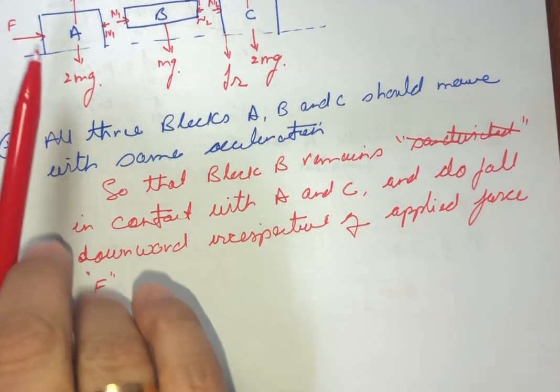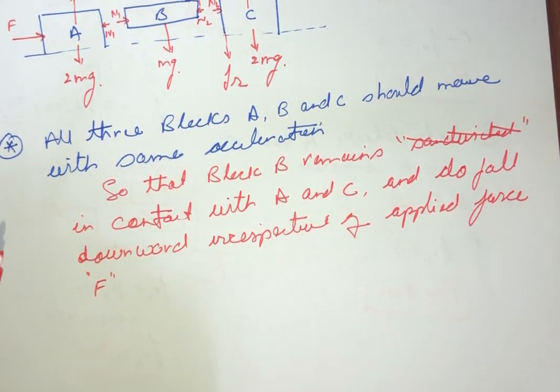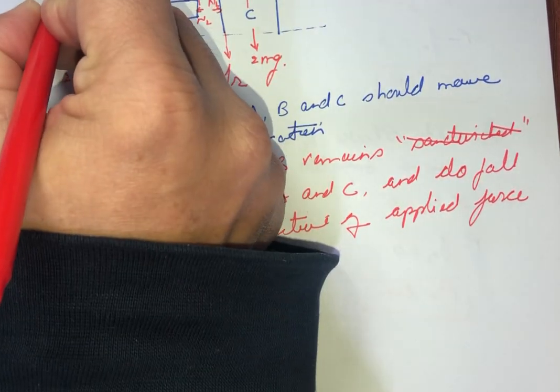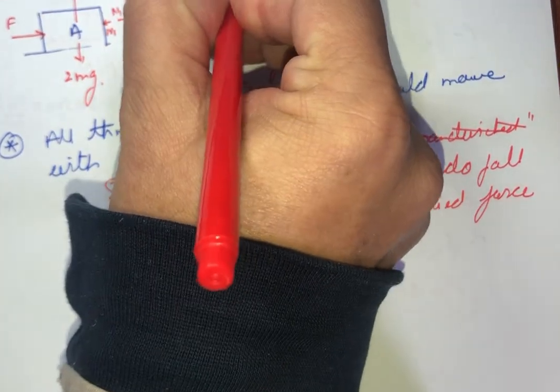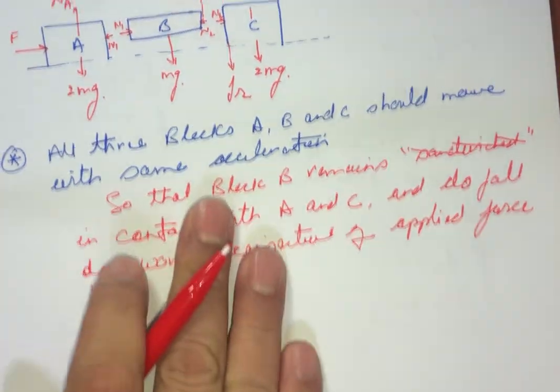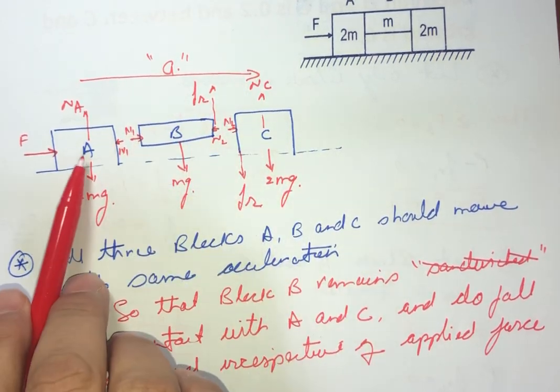This will mean that all three will be traveling with the same acceleration. Let us say that they are traveling in this direction, from left to right, with the acceleration a.